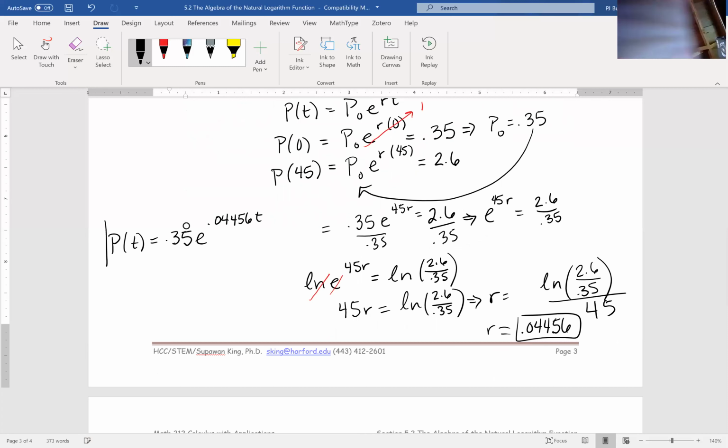So this is the equation we would use to find the price at any time t. Any questions about that problem?